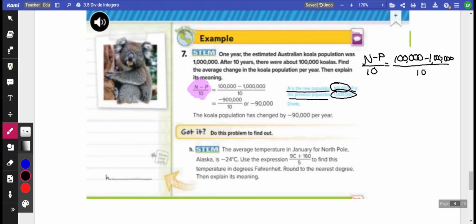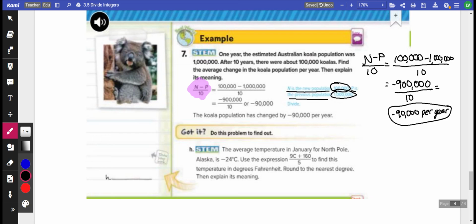Well, 100,000 minus 1 million is negative 900,000, which I still need to divide by 10. Negative 900,000 divided by 10 is going to give me negative 90,000. So that's saying the koala population has changed by negative 90,000 per year. So each year it has gone down by 90,000 koalas.